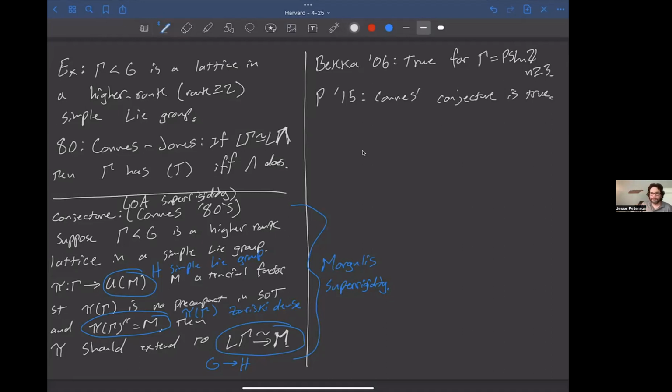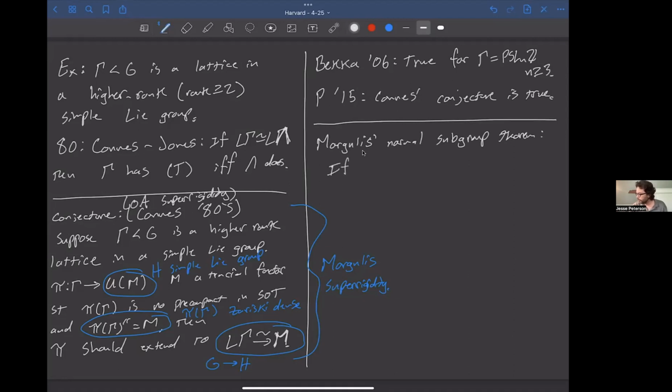And what does this have to do with amenability? So I've done most of this talk so far talking about amenability, and what does this have to do with it? And to understand that, you have to know another proof of Margulis, and that's Margulis's normal subgroup theorem, which states the following.